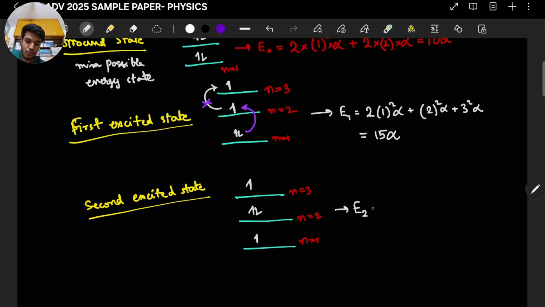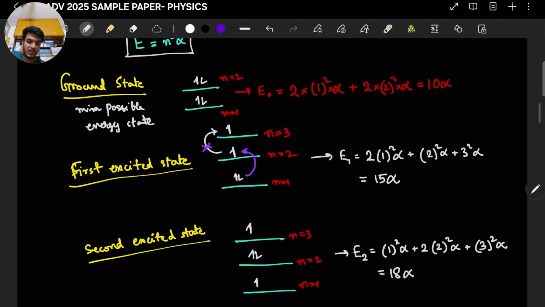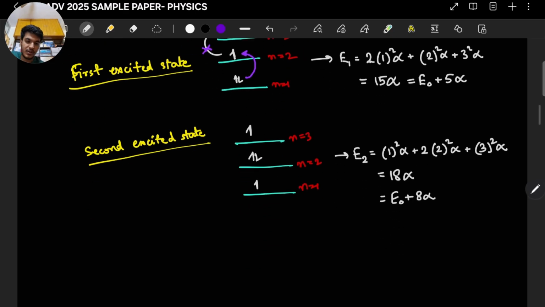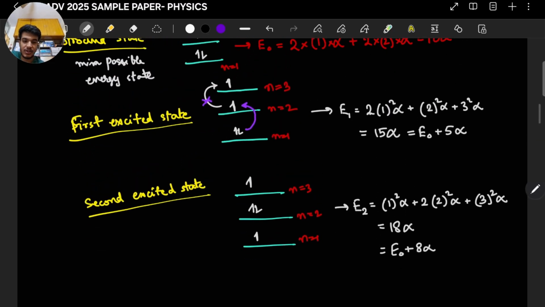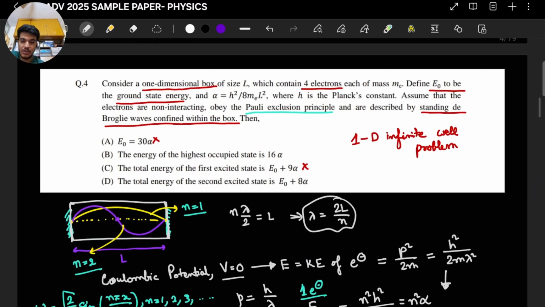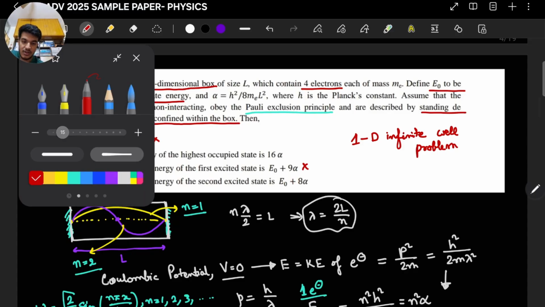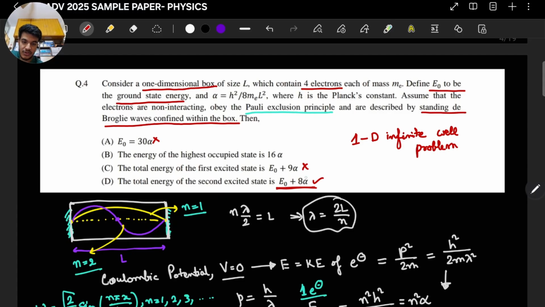So it would be E2, which is 1 square alpha plus 2 into 2 square alpha plus 3 square alpha, and it would come to alpha times 1 plus 8 plus 9, which is basically 18 alpha. Because E0 was 10 alpha, this is E0 plus 8 alpha, so E2 is E0 plus 8 alpha. So this option is correct, this is right.